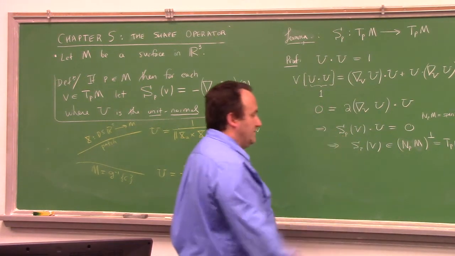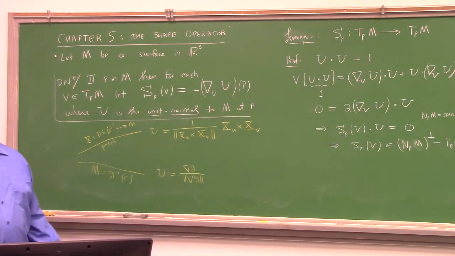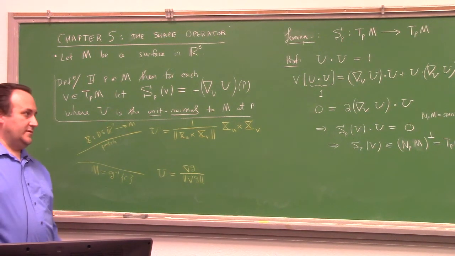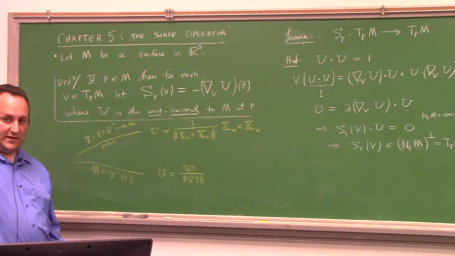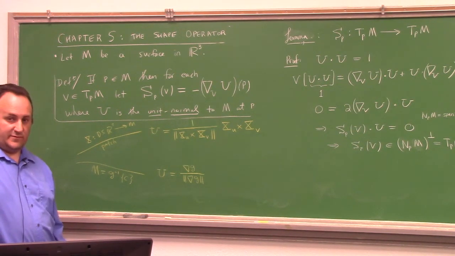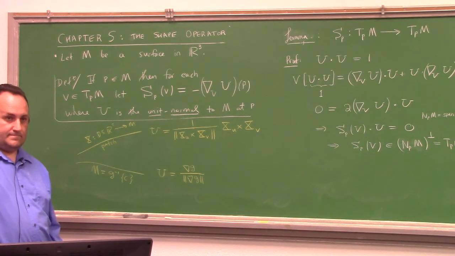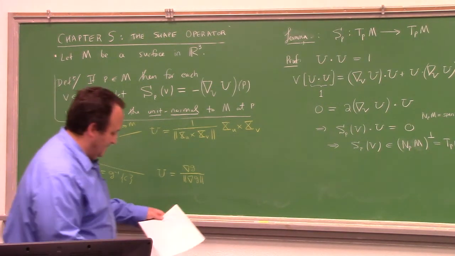Which is what we want. The image of the shape operator is, again, a tangent vector to the surface. Let me just say it more simply: if the shape operator's output is perpendicular to the normal, it must be tangent to the surface. Do we agree? Okay, great.